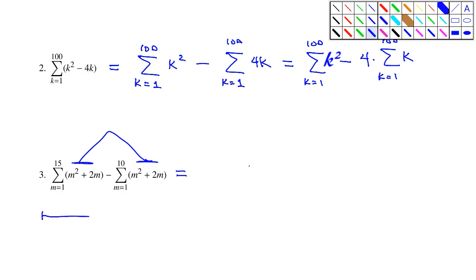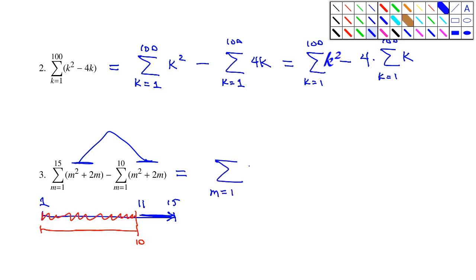This first one listed goes from 1 to 15, and then the second one goes from 1 to 10. And we're subtracting it. So we're essentially subtracting off this piece here, and that leaves me with terms 11 up through 15. So this is the sum as m goes from 11 to 15 of m squared plus 2m.